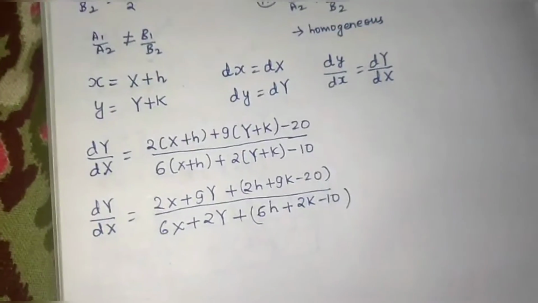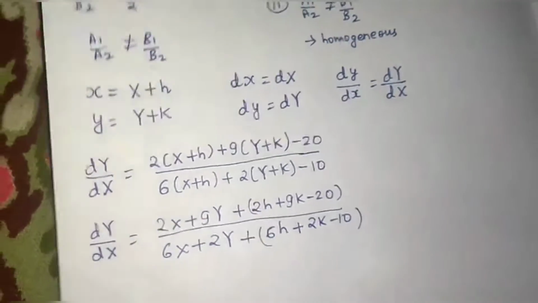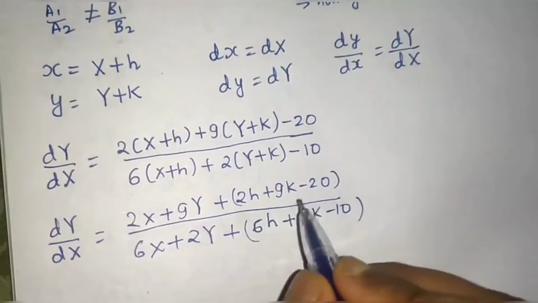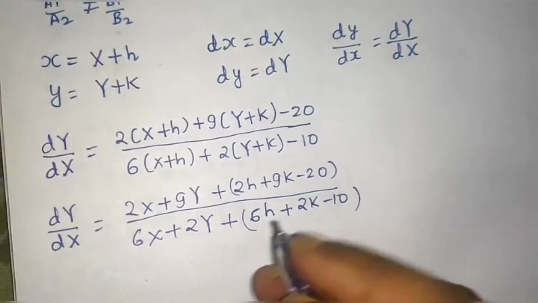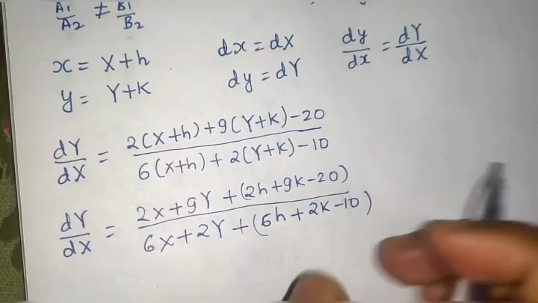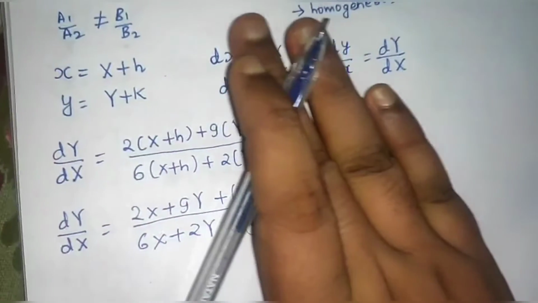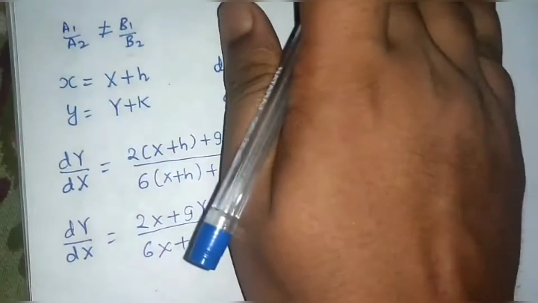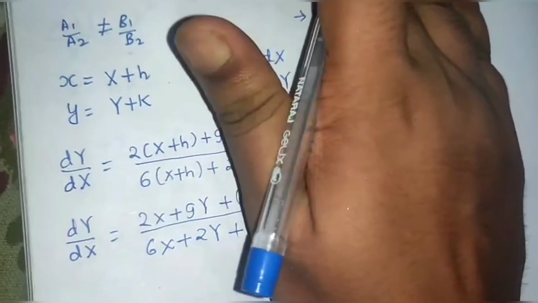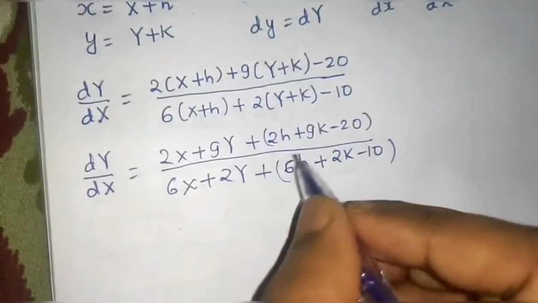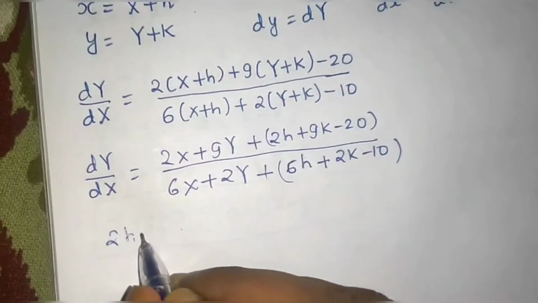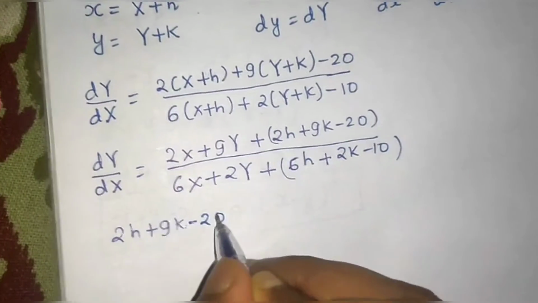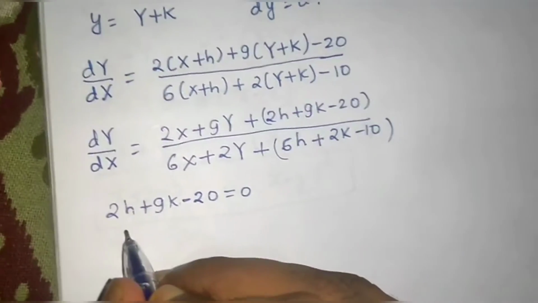Now the second step, first step we have solved till now. Second step is to take such values of h and k so that these brackets become 0, because once these brackets become 0, our question will be converted to homogeneous only. Imagine, you are going to be left with this part which is homogeneous. So what can we do to make these brackets 0? We can solve this as a pair of linear equations, 2h plus 9k minus 20 equals to 0.